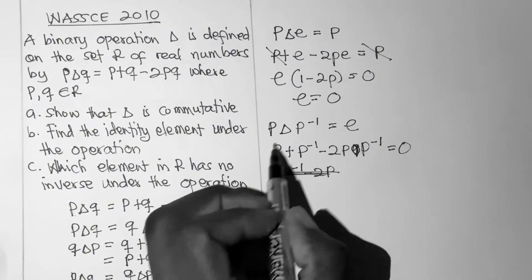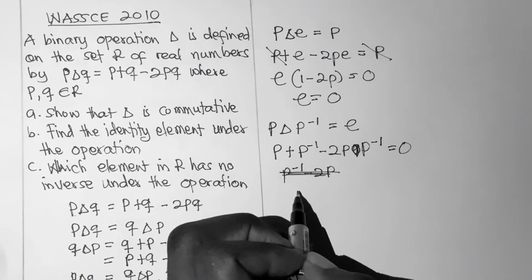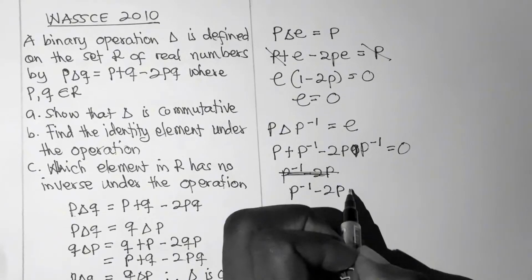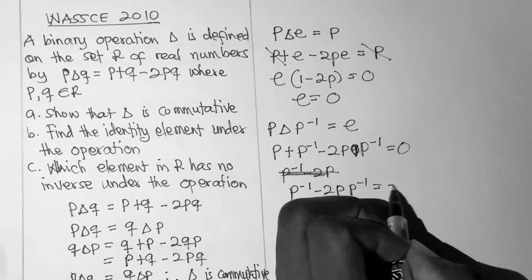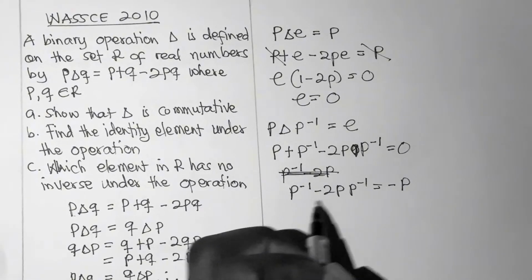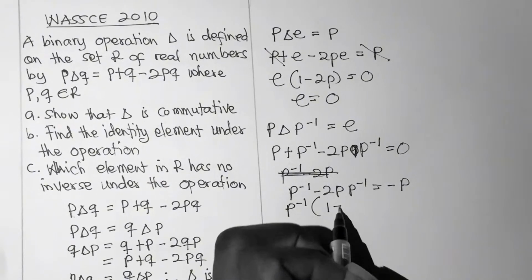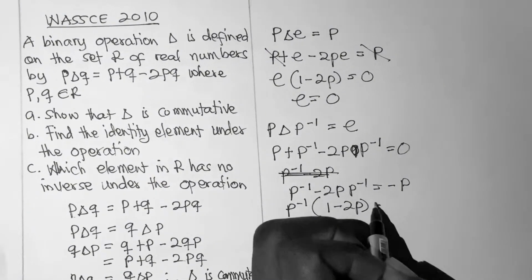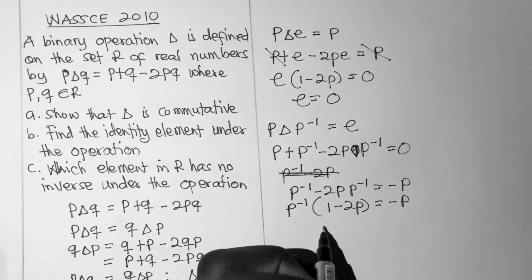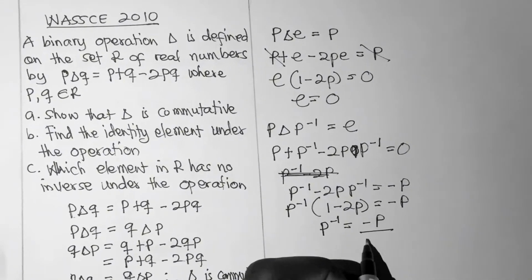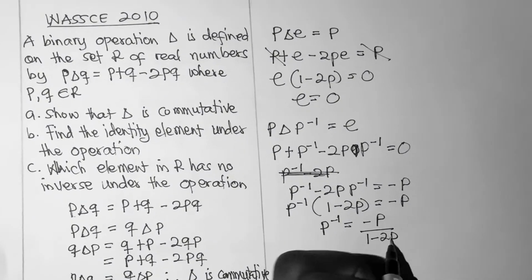So let's take this P to the other side of the equation. It becomes P inverse minus 2P P inverse equals minus P. Let's factorize P inverse out. We are left with P inverse times (1 minus 2P) equals minus P. So therefore P inverse is equal to minus P over 1 minus 2P.